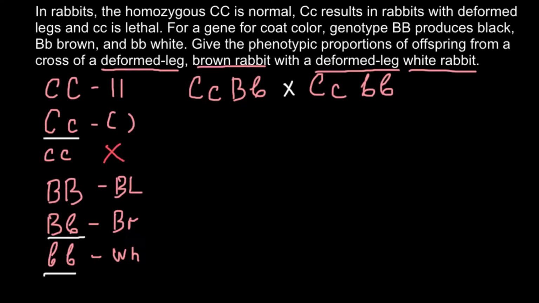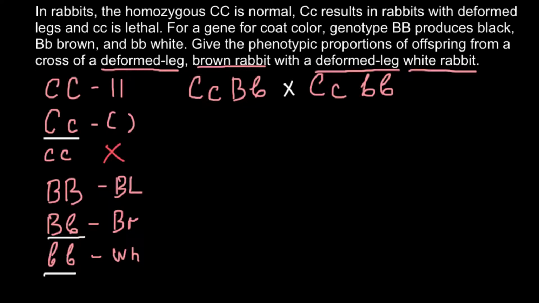Gametes would be haploid. As you see, these animals are diploid and have two alleles for each locus, or each gene, and now we can find how many different genotypes of gametes they can form.